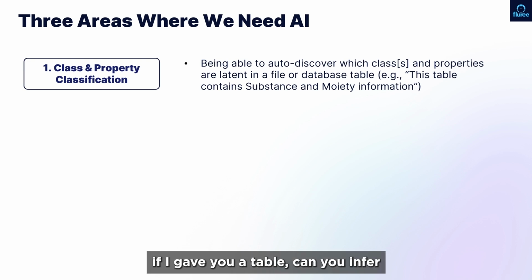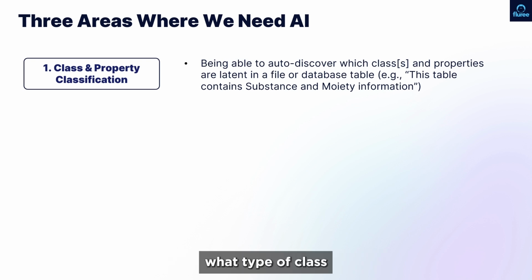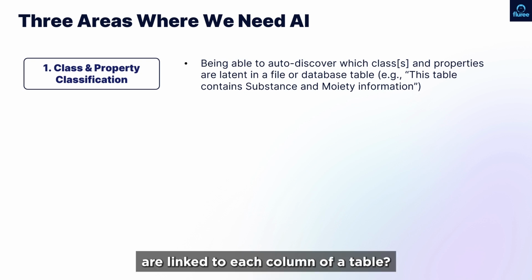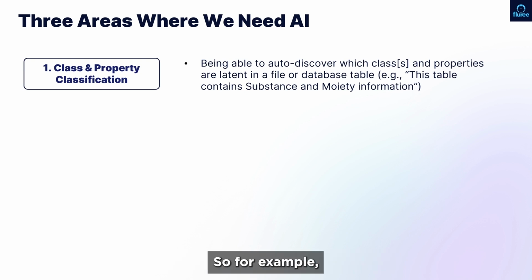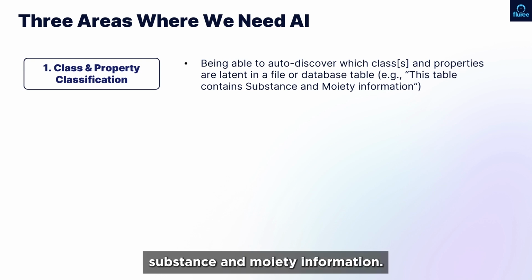So for example, if I gave you a table, can you infer what type of class is being described in this table? And by the way, can you infer which properties are linked to each column of a table? Okay, so for example, I give you a table and you come back and say, hey, this table contains substance and moiety information.